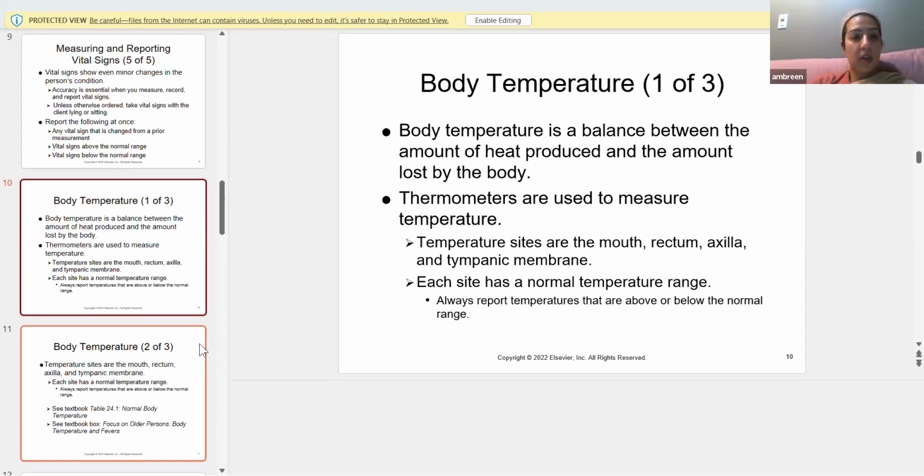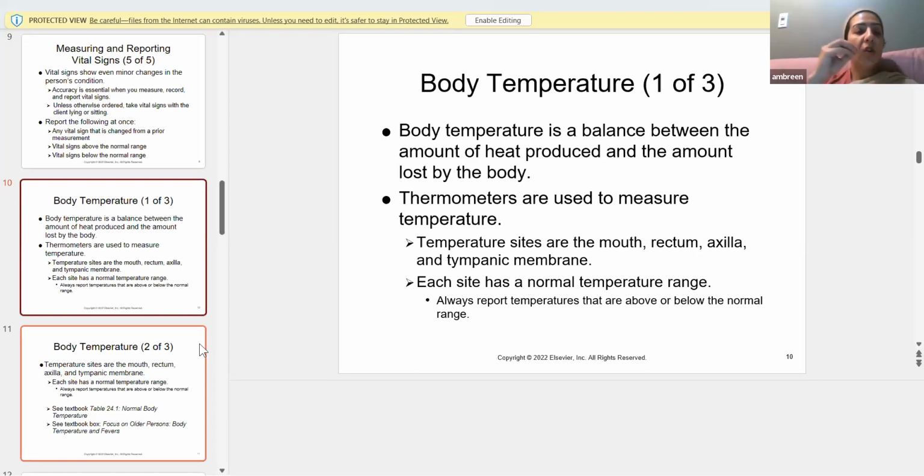When we talk about temperature, we always have to report whether it was taken orally under the tongue, rectally in the rectum, axillary in the armpit, or tympanic. Every site's temperature varies. A 36.6 by mouth is not the same as 36.6 axillary, rectally, or tympanically.